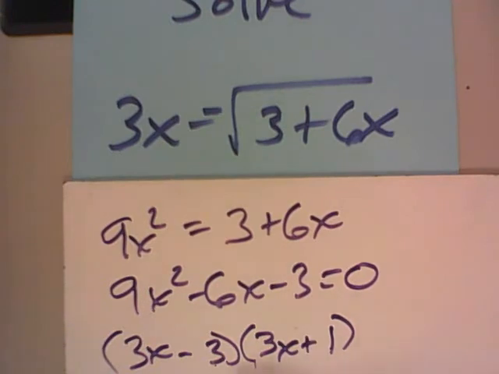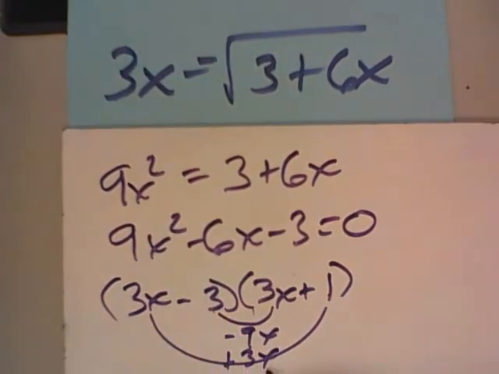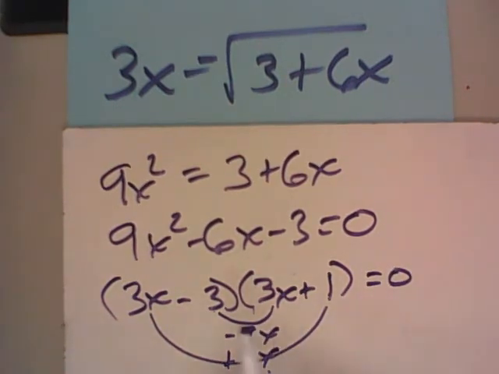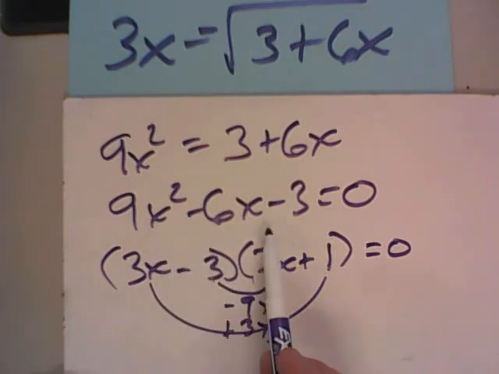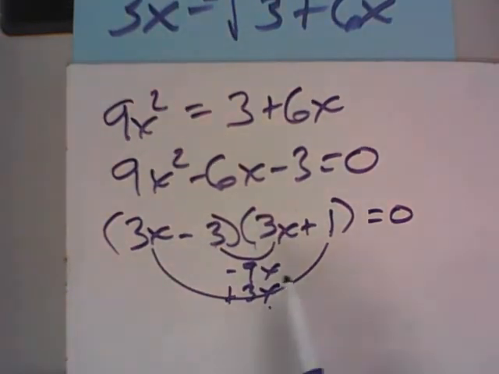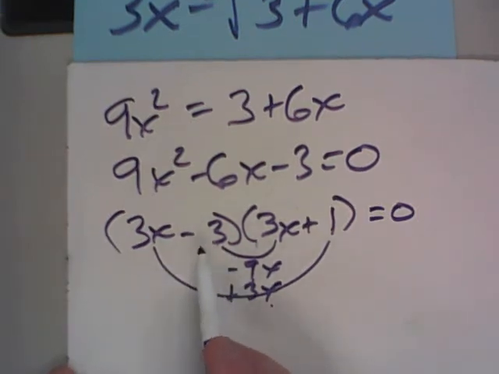I know that negative 3 times 1 gives me negative 3, but my middle terms, this is negative 9x, and this is positive 3x. And negative 9x plus 3x does indeed give me negative 6x. So it does factor. I probably could have been smart and factored a 3 out first. Didn't do that, but we can go on and we can solve it from here.